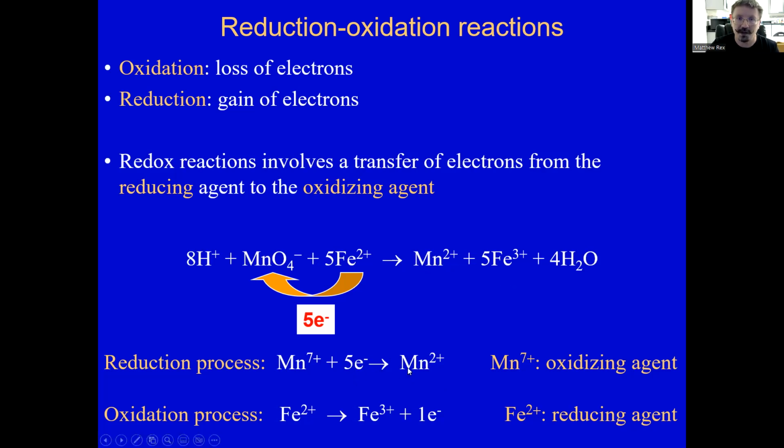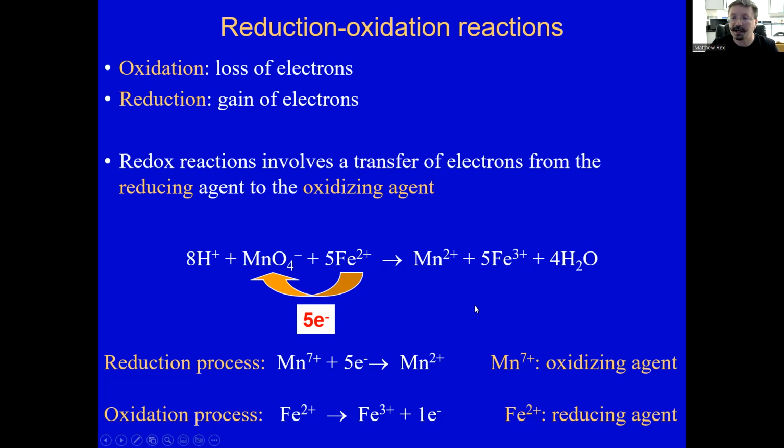So it was reduced. Therefore, this is the oxidizing agent. We'll get into oxidizing and reducing agents more in a second. And then within the iron here, we have iron 2+ going to 3+. So it became more positive. It lost electrons. So the manganese was reduced. The iron was oxidized.